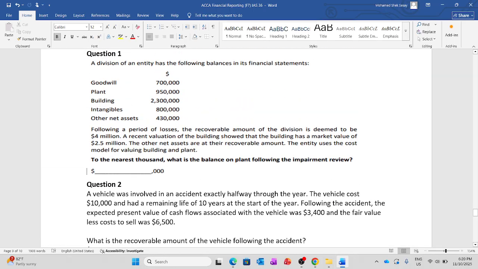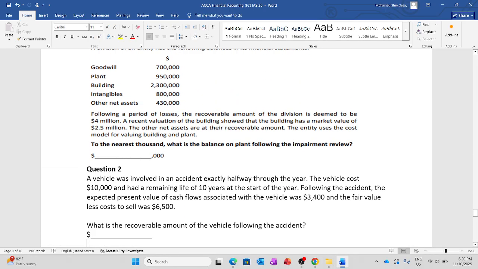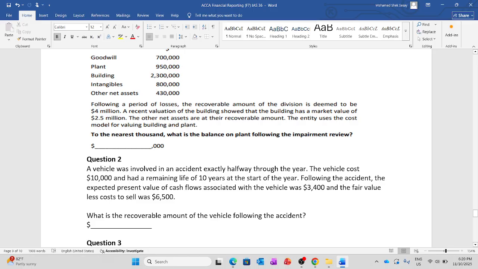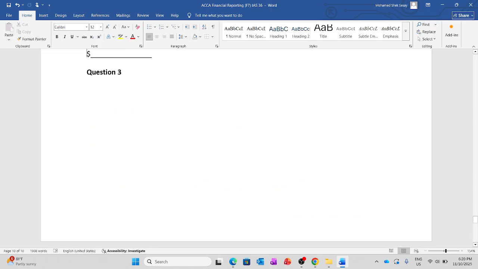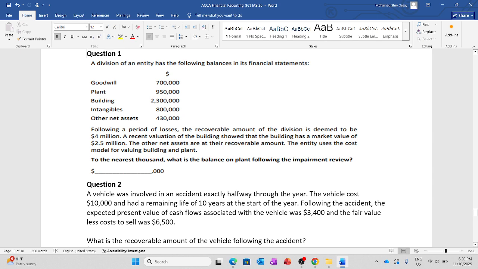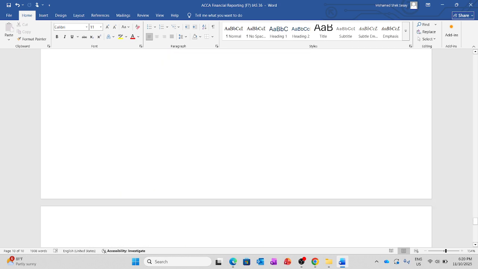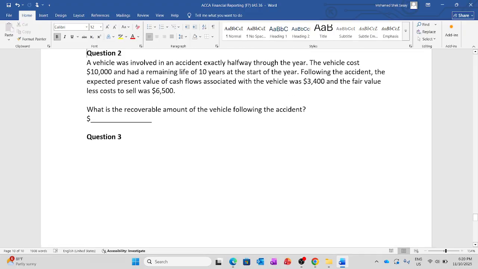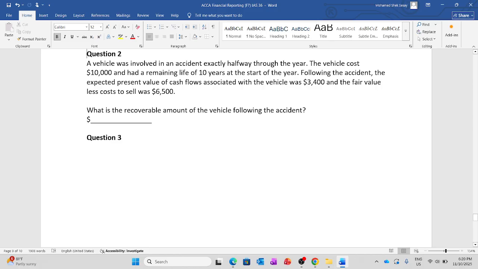Now, for question 2, a vehicle was involved in an accident exactly halfway through the year. The vehicle cost 10,000, right? And the remaining life is 10 years at the start of the year. So it means we need to account for our depreciation. Following the accident, the expected present value of the cash flow associated with the vehicle was 3,400, and the fair value, let's suppose, 6,500.